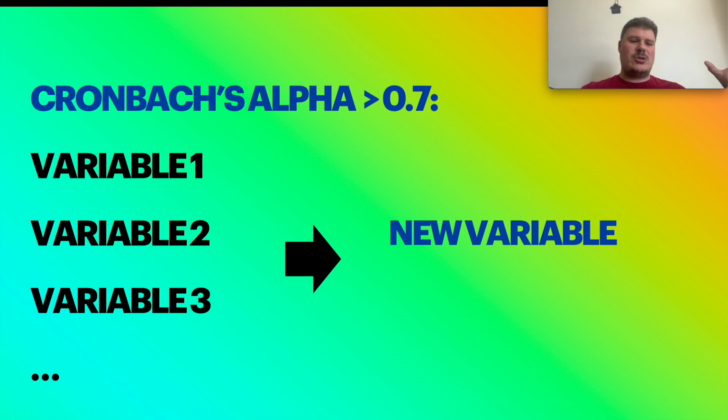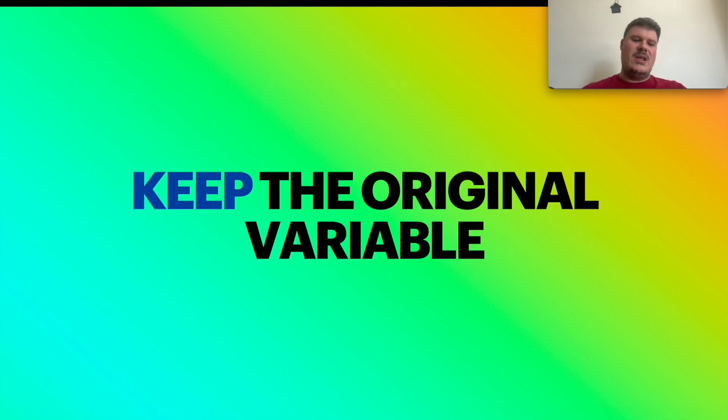You take those variables, put them into your program, and if you get an alpha of 0.7 and above, you can then create a new variable. Again, as with everything, when you do this test and create a new variable, don't delete your old variables.